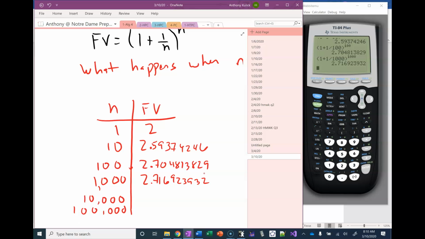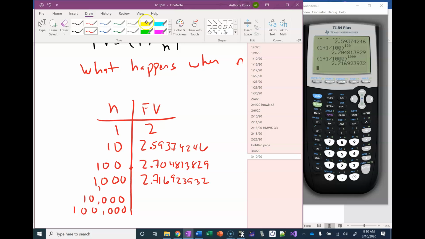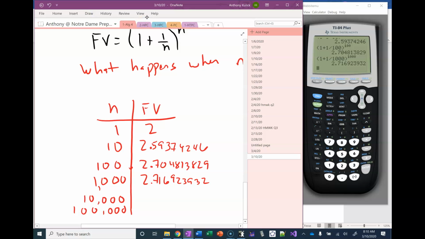So how is FV changing when n is getting progressively bigger here? What did you say? So it is increasing.